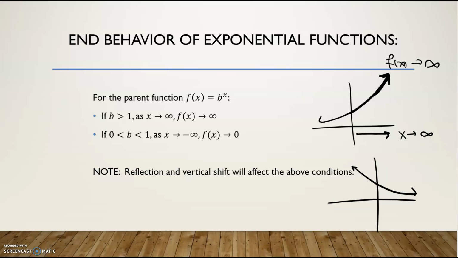Okay, so if it is a decreasing function, something like this, so if b is between 0 and 1, that's a decreasing function. As x goes to positive infinity, well, what is our function doing? Well, for the parent function, it's going towards 0.